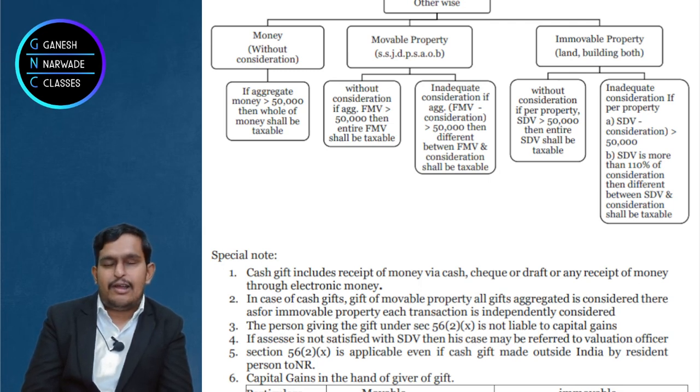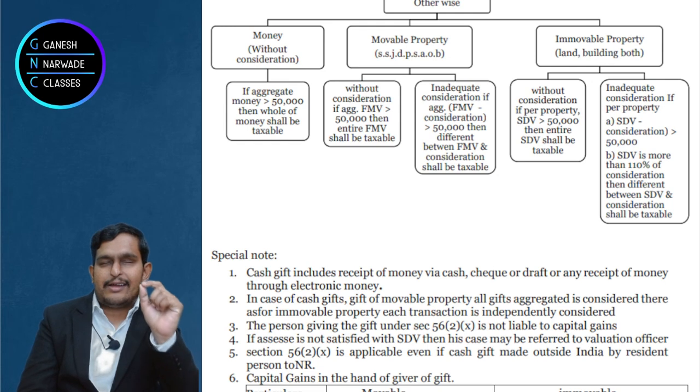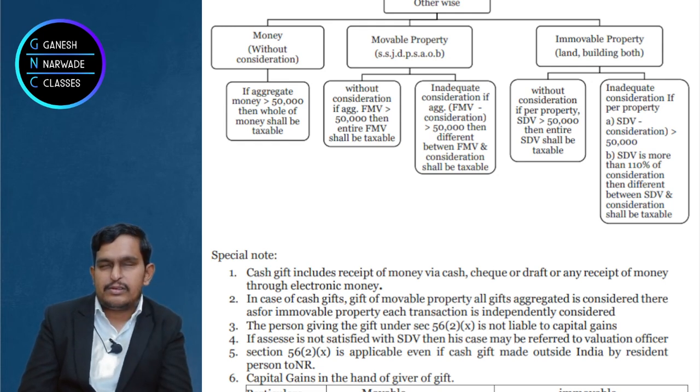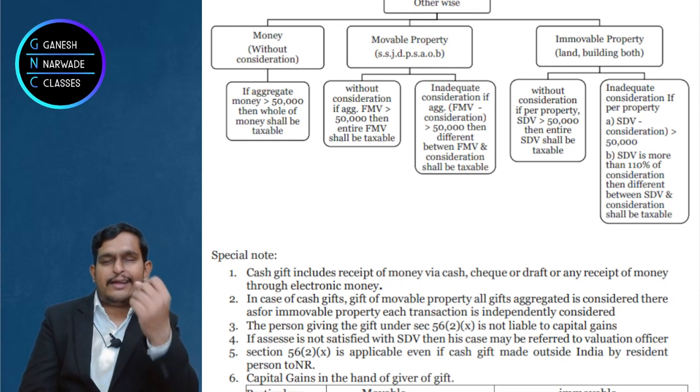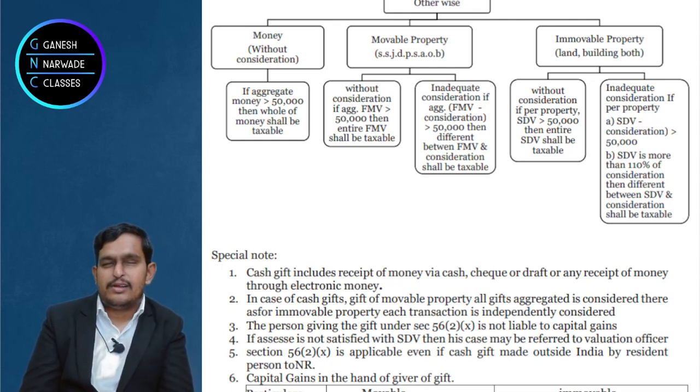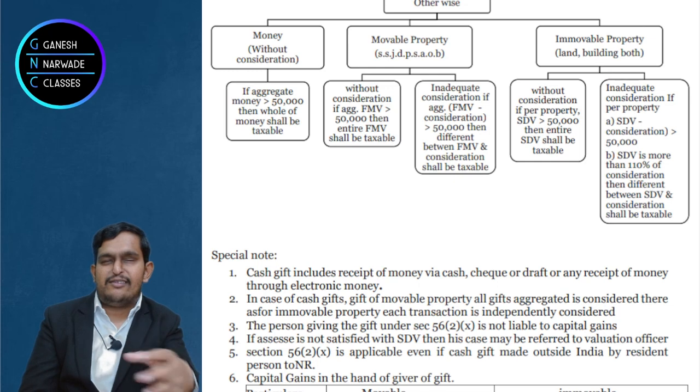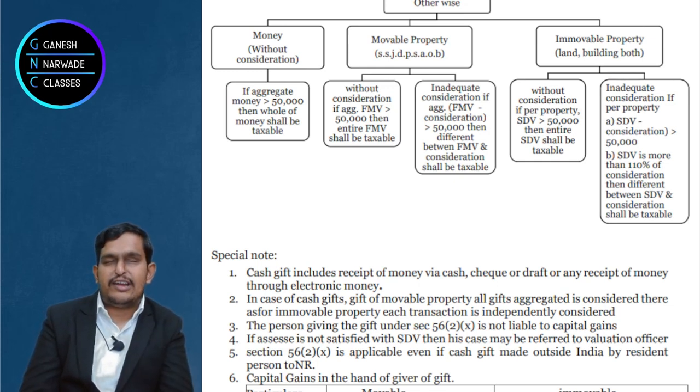Very good. Now I'll ask you one question. Suppose I gave 1 lakh worth jewelry as a gift to you. For you it is taxable, no doubt about it, because the jewelry I gave is more than 50,000. I gave 1 lakh worth jewelry, so the entire 1 lakh is taxable to you under income from other sources.